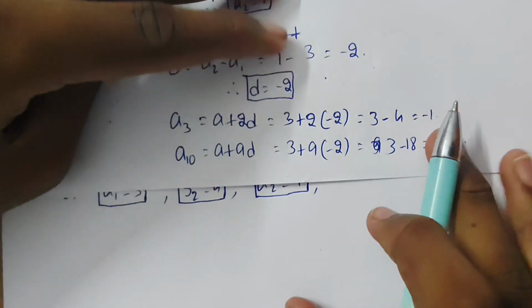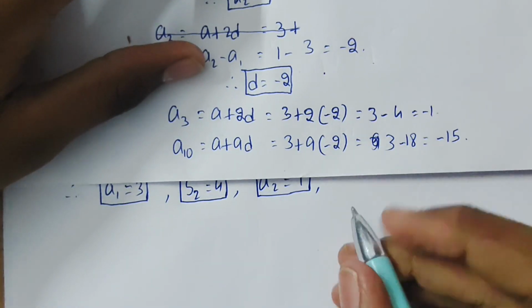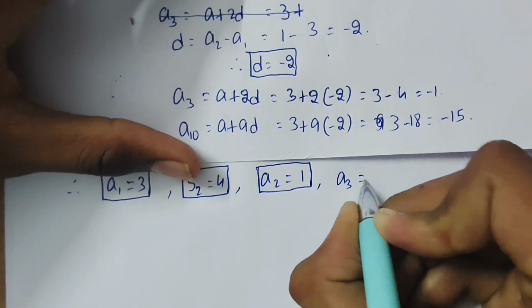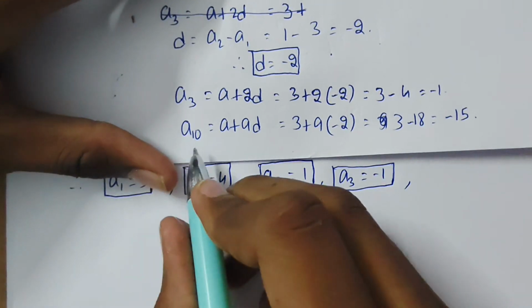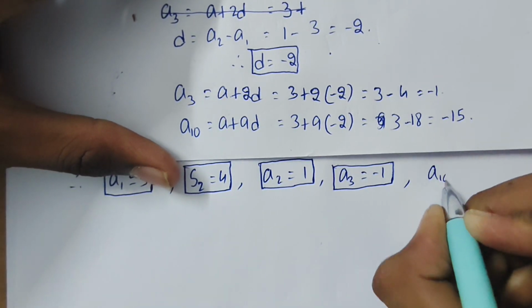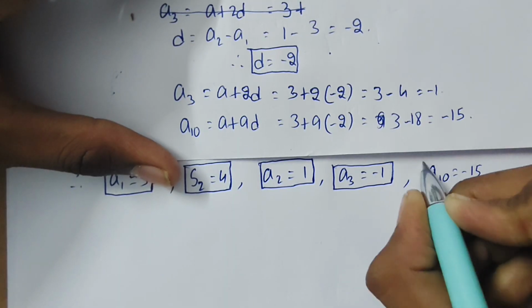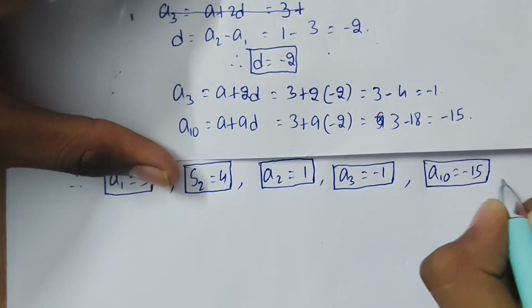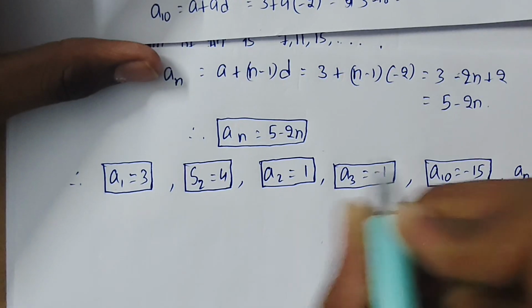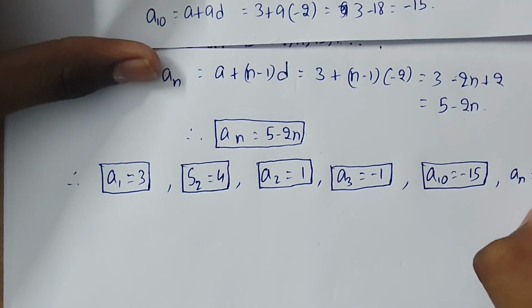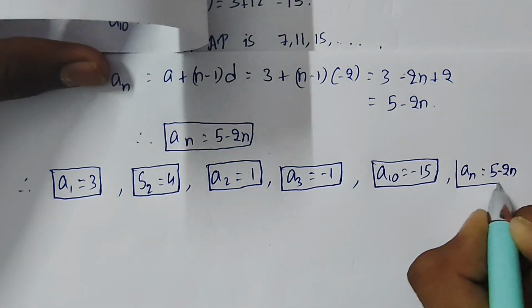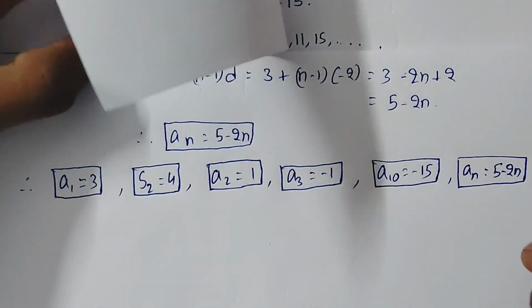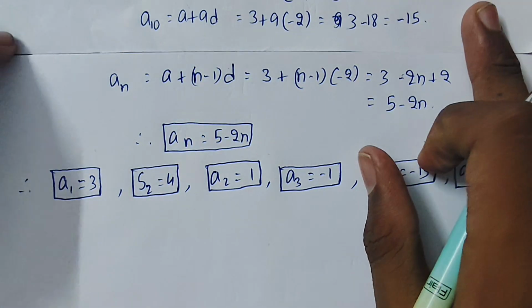We got the third term a3 is equal to minus 1, a10 is equal to minus 15, and later he asked for the value of an, which we got as 5 minus 2n. Understand? So we have completed the 11th question.